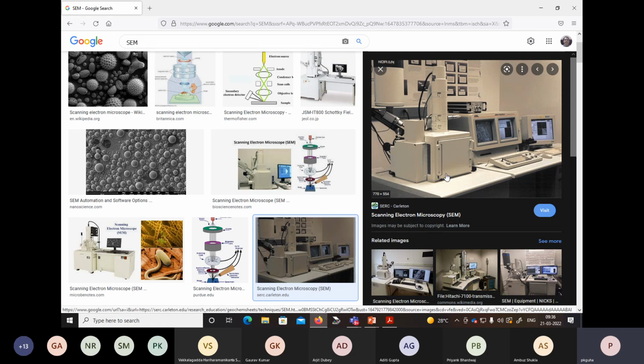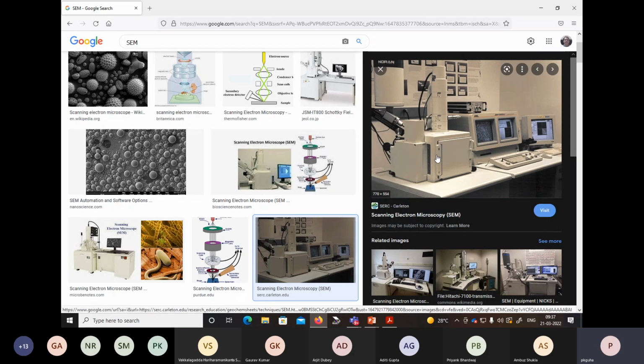If it is not in high vacuum, the electrons' mean free path will be low and they will not be able to reach the sample. So you have to keep it in high vacuum. And there might be several valves to isolate this column from the lower portion here, because you remove this and put your sample, but while you are doing that, the vacuum will be lost, right?